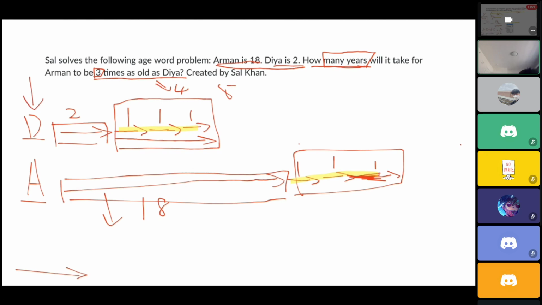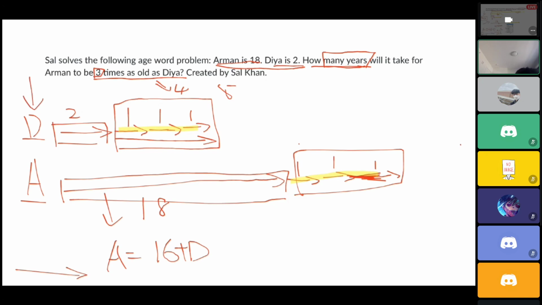Yeah, that's one thing. What's the other thing? So what is that more specifically? Their difference is 16.